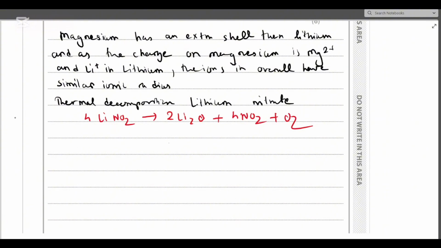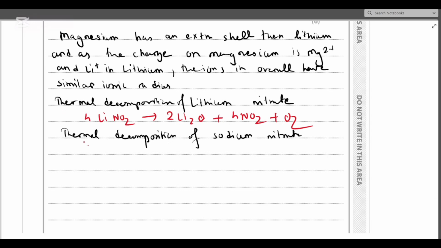And if we compare it with the thermal decomposition of sodium nitrate, what do we have here?